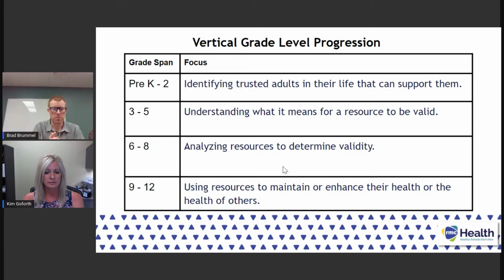And then as we get into middle school health education, we are really starting to focus on analyzing those resources. And then as we are getting into high school, we're really pushing our students to be able to use these resources to, most importantly, maintain and enhance their health. And I think this is key how it adds here, and the health of others. So can our students make a difference in their families and their friends, their peers, and their community?